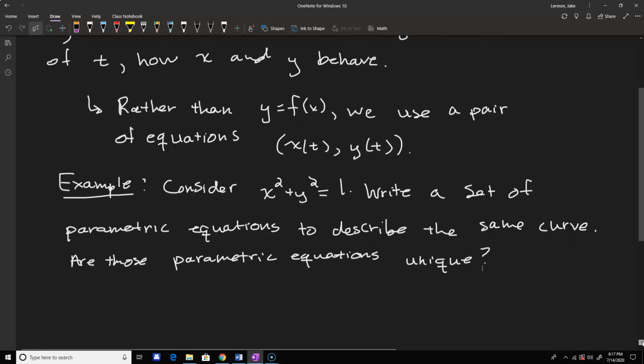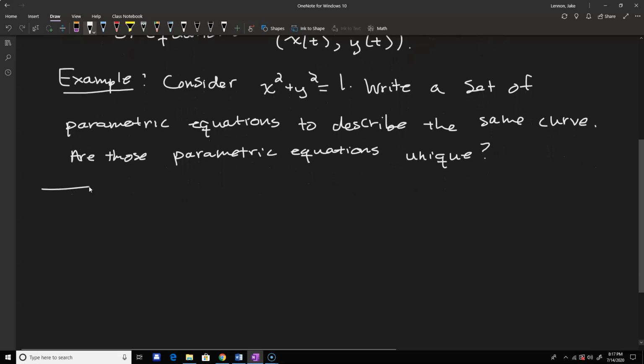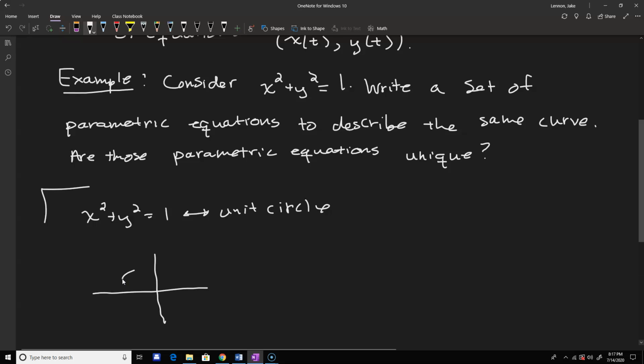So, not such a hard question because we know the object that we're graphing is just the unit circle, right? x squared plus y squared equals 1 is the unit circle. So the graph is just the circle centered at 0, 0 with a radius of 1.